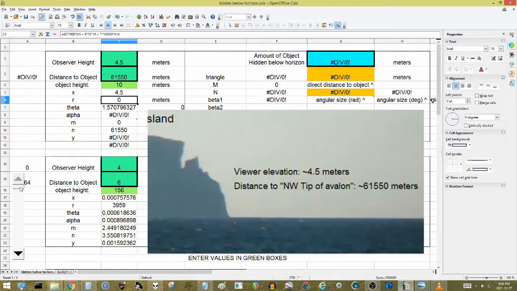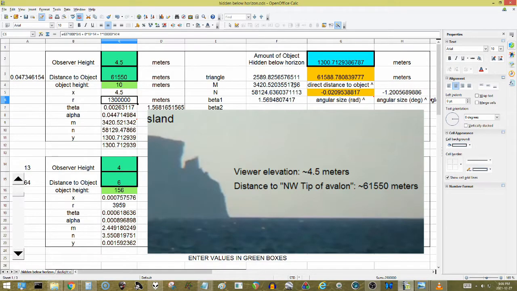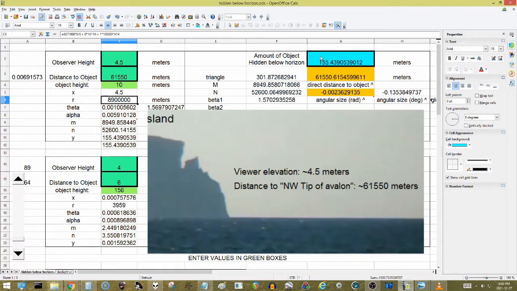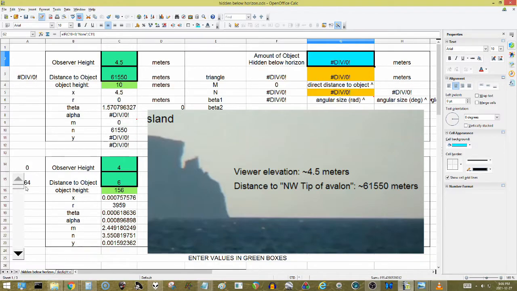That's a consistent radius, and we increase the radius until we predict an obstruction of less than 155 meters, which would mean the target would be visible. Right at about 8.9 million meters, we get an obstruction of 155 meters, and anything higher than that, we would predict the target being visible. So our range from there is between 0 and 8.9 million meters.